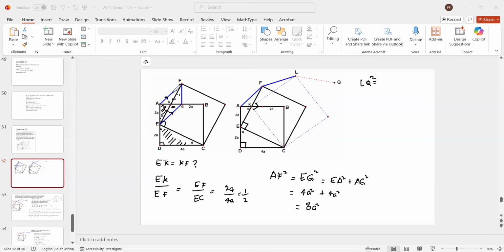So we calculated AF squared, right? But I'd like to know how AF is related to the original square that we had. The area of that original square is 4A squared. So this is half of 4A all squared. It's a half of 16A squared, and 4A is AD.